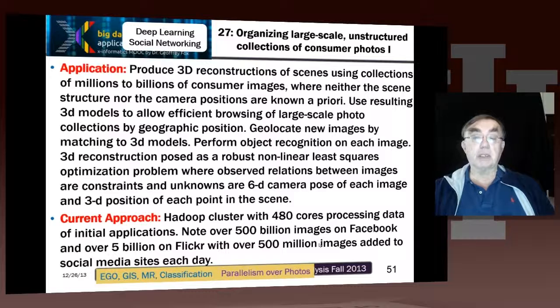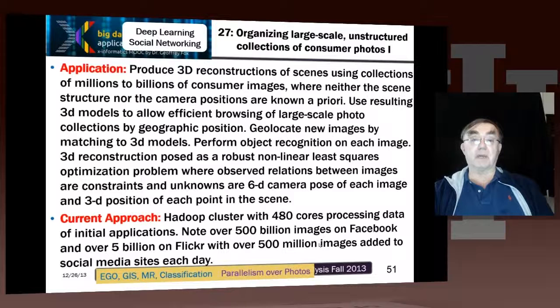So if you take an image, and you assume it was taken from a camera in a particular position, in a particular orientation, then you should be able to align the images taken by these cameras so that they correspond to the same three-dimensional scene. So the idea is to reconstruct the scene, such as the Eiffel Tower or something like that, and the images so that you can produce a very nice way of browsing the images and also a nice way of finding automatically three-dimensional images from multiple two-dimensional images.